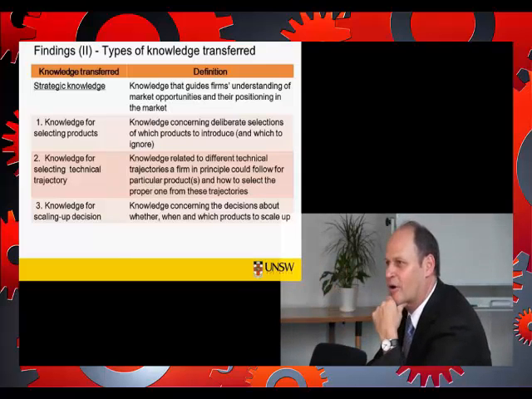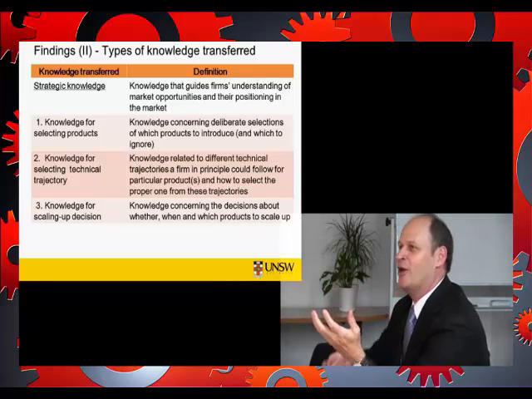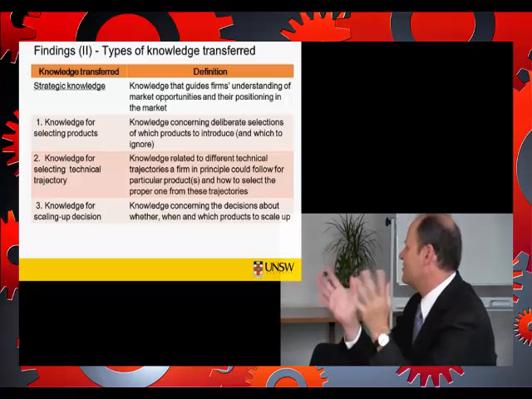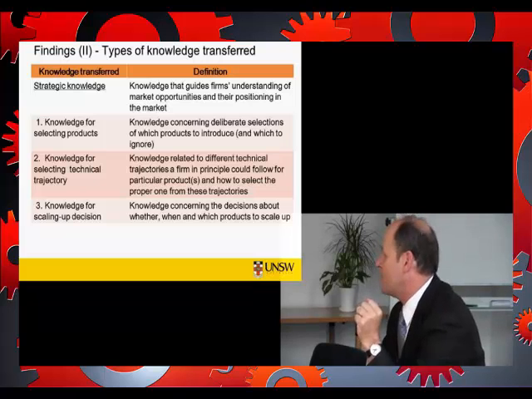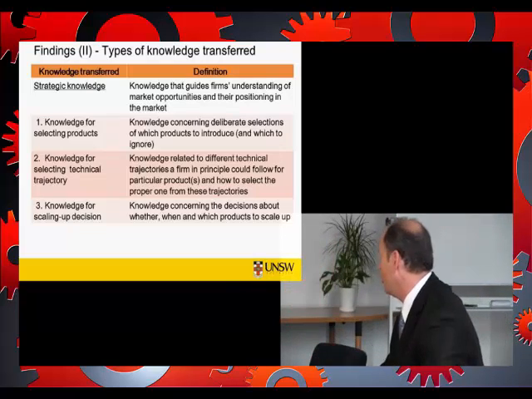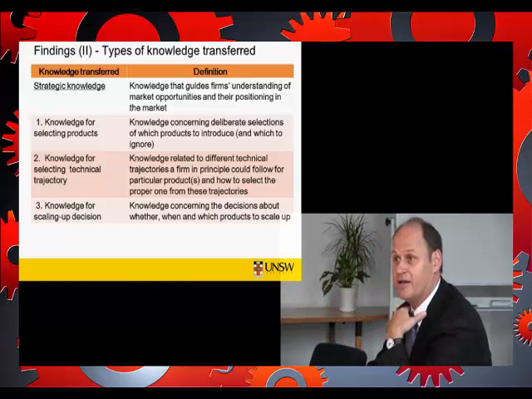To give you a modern version of this, go back to when Android first came out. You as a software startup need to make a decision. Shall I take my iPhone application and also adapt it to Android, or should I just stick with iPhone? That's a similar sort of strategic decision. Later on, when Android overtakes the iPhone, that's an obvious decision. Early on, when Android is the second follower, that is not as obvious a decision.